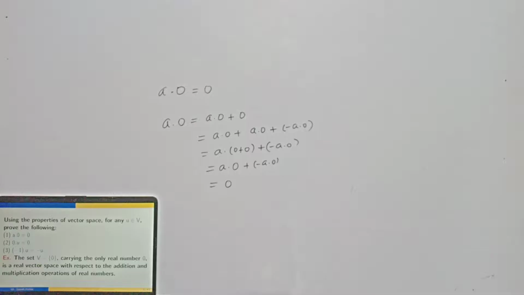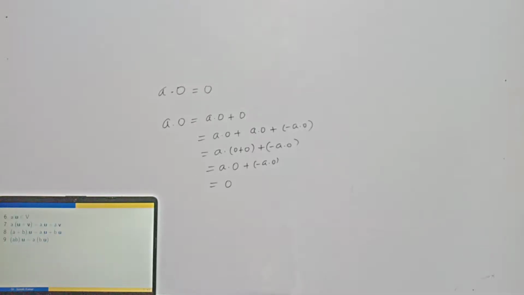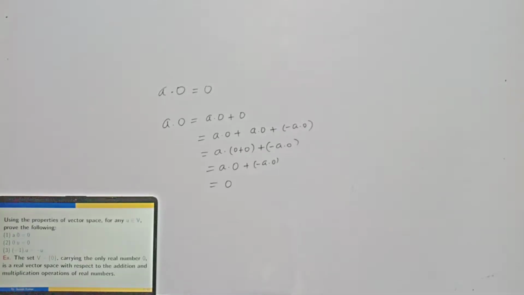What does it mean? In all these properties, if I choose u = 0, v = 0, w = 0, and a and b are any two real numbers, then you can check all these properties are satisfied. So it's a vector space. You can see it yourself.